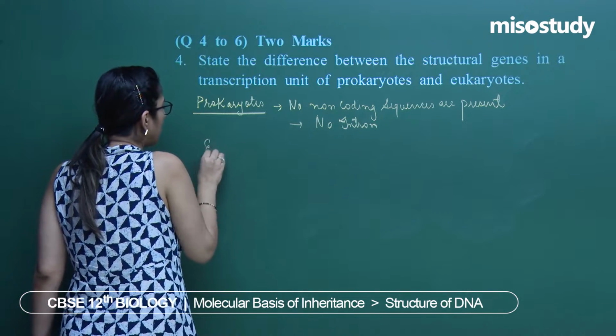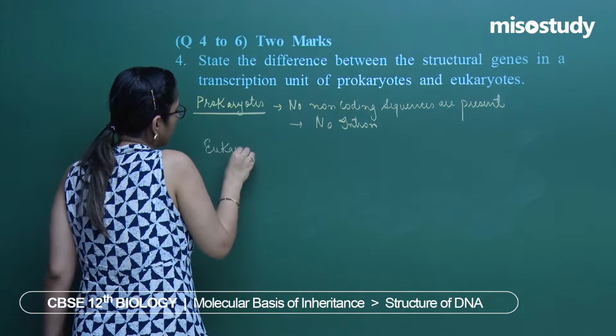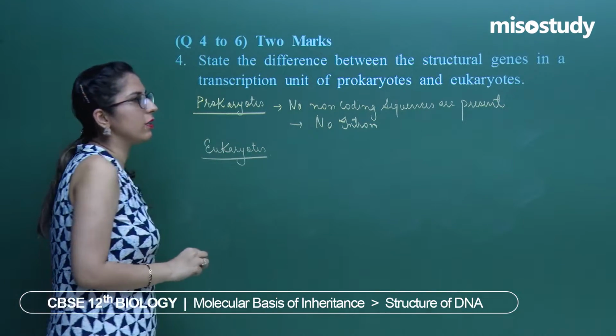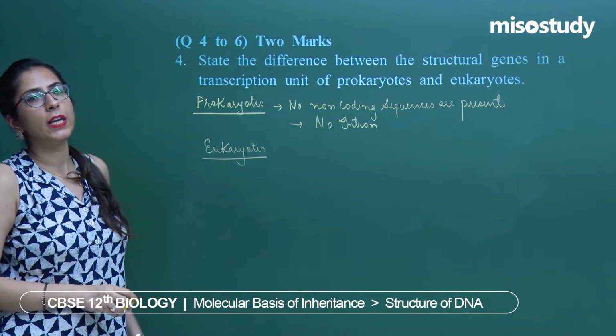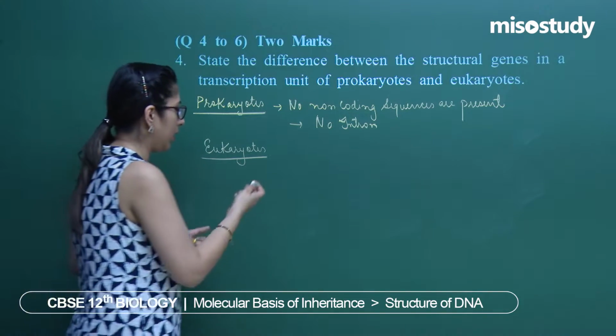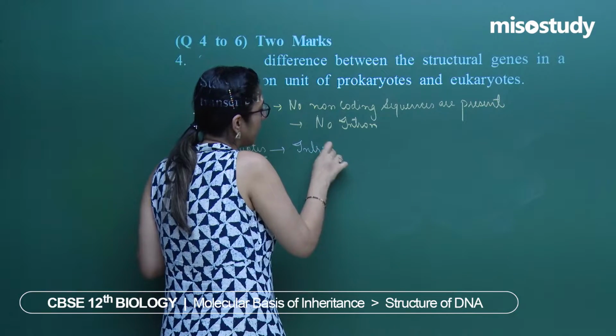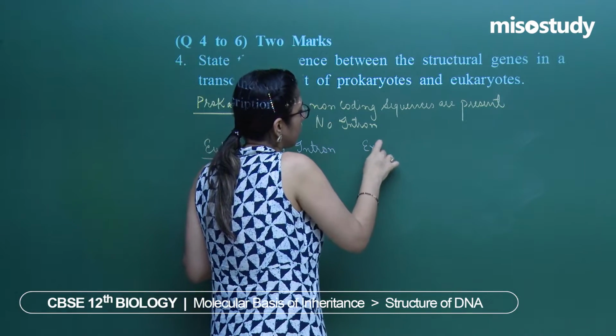Whereas when we talk about the structural gene of eukaryotes, they have introns present in them. They have 2 regions, basically intron and then exon.